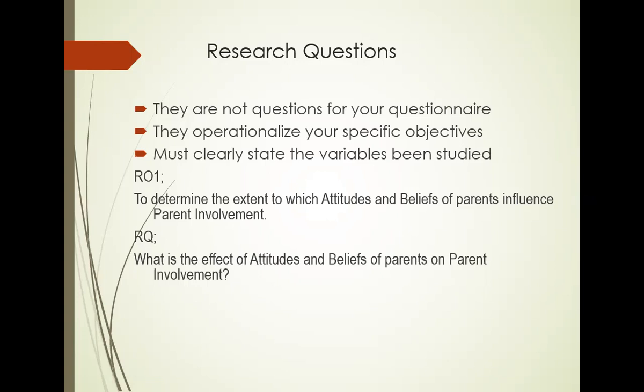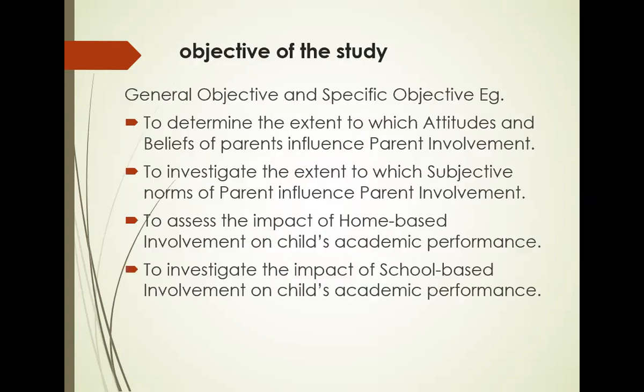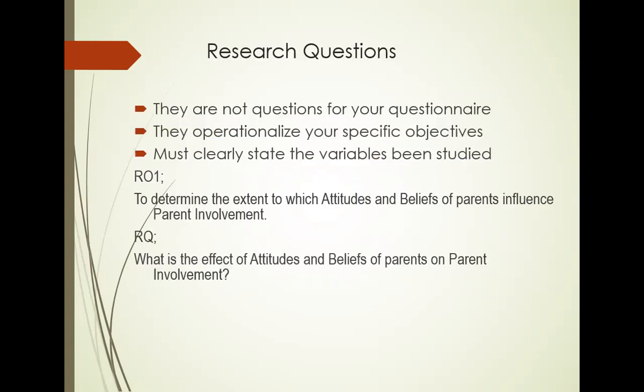Research objective 1 from the previous, okay, this is the first objective: to determine the extent to which attitudes and beliefs of parents, so this is your independent variable, influence what?